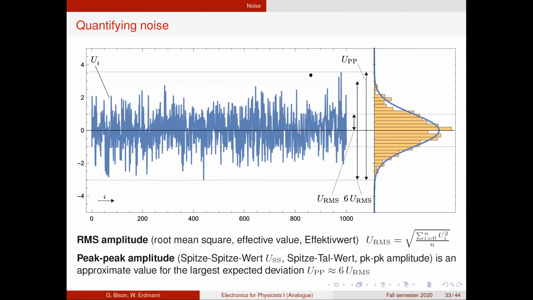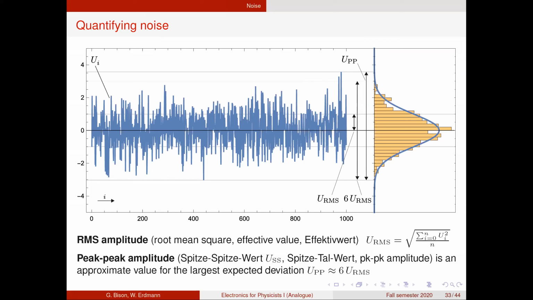And you see, if we would have stopped the time series a bit earlier, then this would not have been the most positive, but the one next to it. So the whole value that you calculate as the real peak voltage is simply based on 2 points, this one and this one, in your whole time series. And that's not the best way to characterize noise.